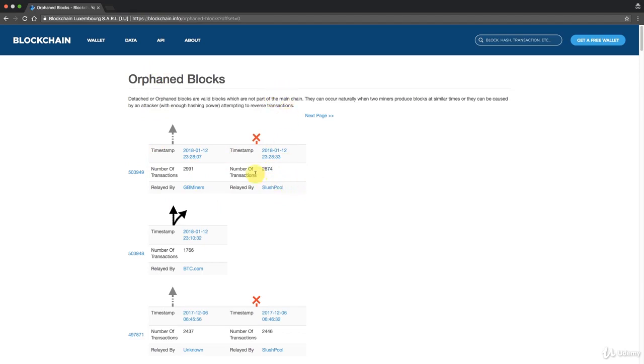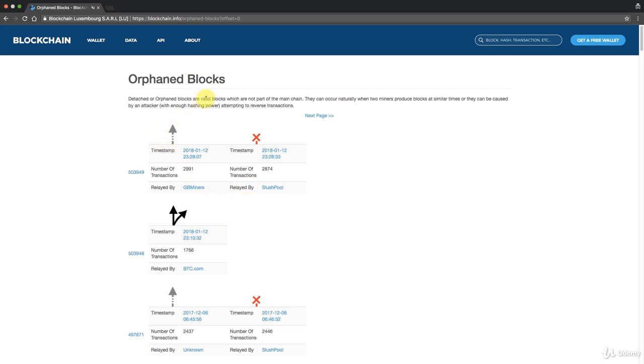So the nodes in the network which are close to Slush Pool will have been relayed this block. Nodes in the network that are close to GB miners will have been relayed this block. And so we have two competing chains at the same time. Whoever builds on the next block, remember the golden rule, the longest chain wins.